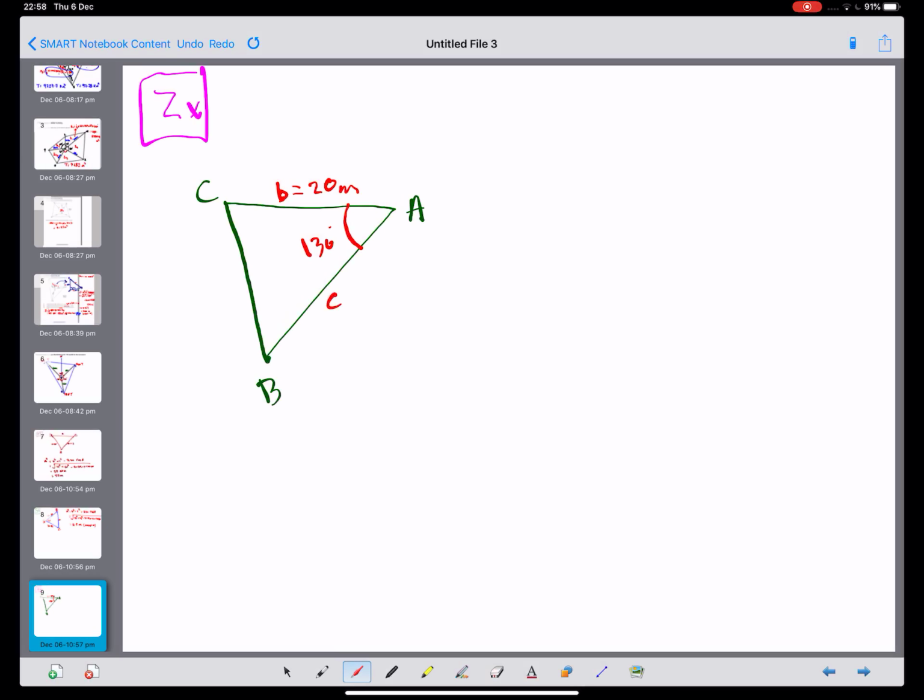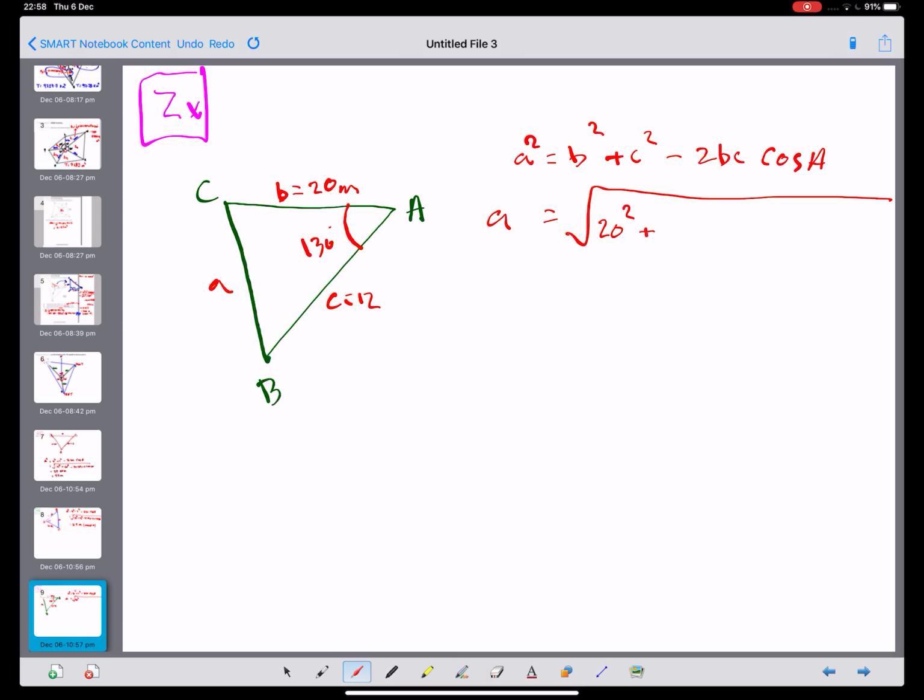We've got C is equal to 12. And we need to find A. Okay, so cosine rule A squared is equal to B squared plus C squared minus 2BC cos of A. Okay, so A is equal to the square root of 20 squared plus 12 squared minus 2 times 20 times 12 multiplied by cos of 130. Okay, so we're going to get 29 meters to the nearest meter.